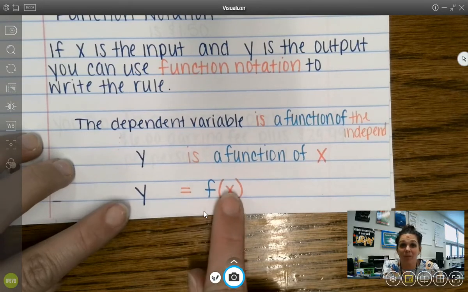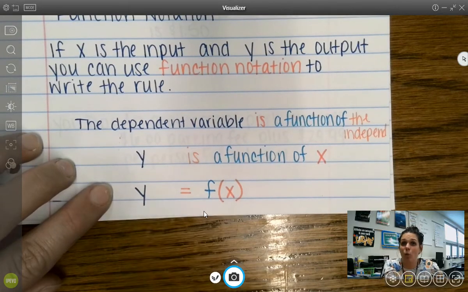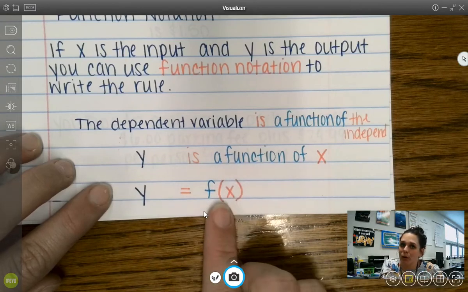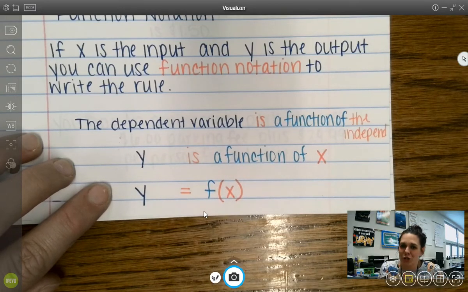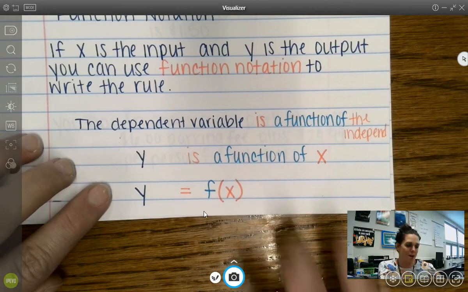They are the same thing. So I can take out Y and I can put F of X in, which is why function notation is what it is. Instead of writing Y for output, I put F of X to represent that this is a function. That when I plug in X, I do something to it and it creates Y.